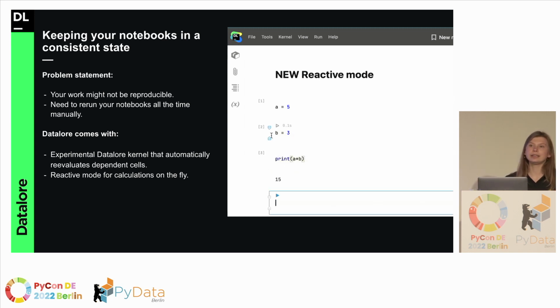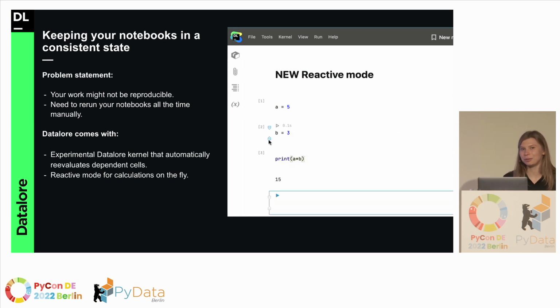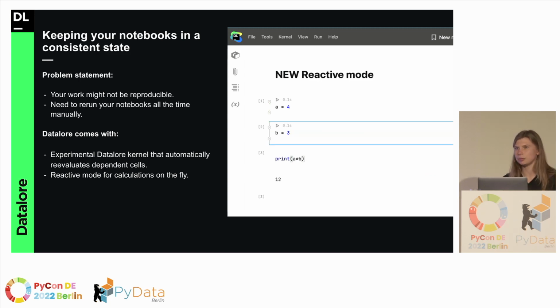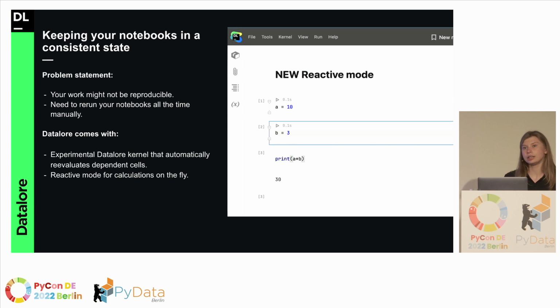But on the other hand, it's a constant source of trouble, because you might execute one cell multiple times. You might just completely delete a cell. You might move the cells up and down, and it might result in your work not being reproducible at all.